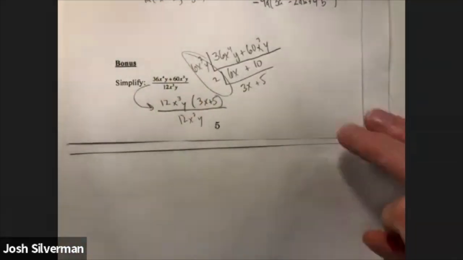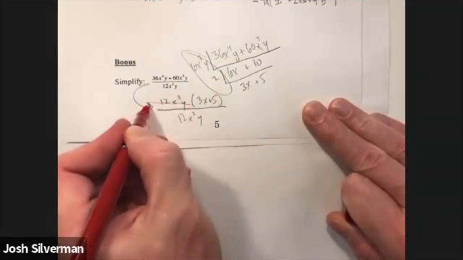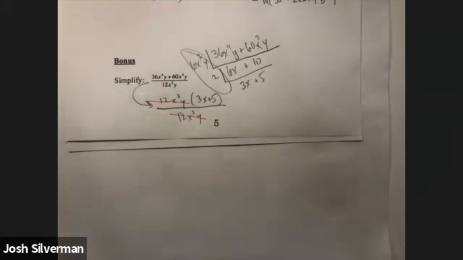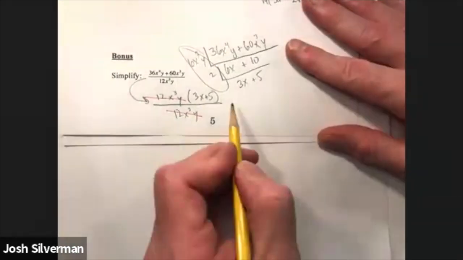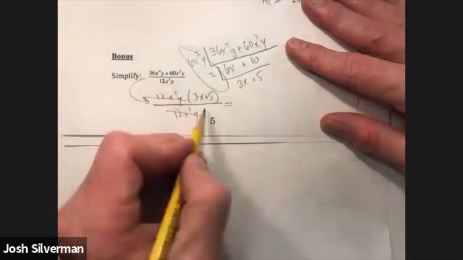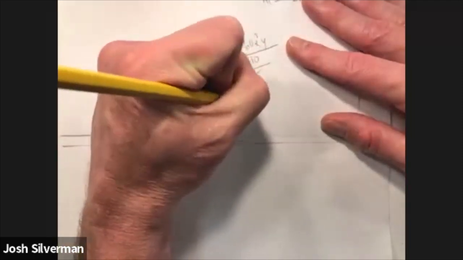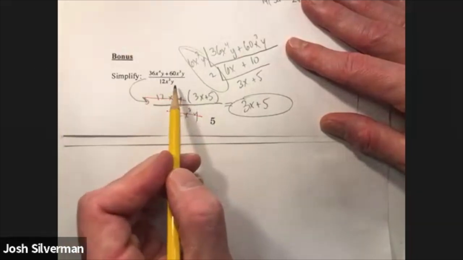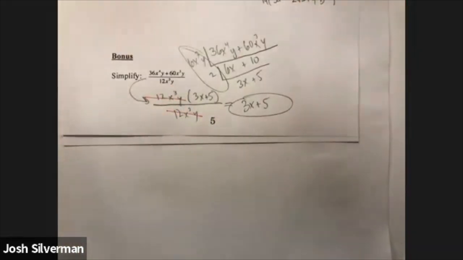Well, would you look at that? This entire expression cancels with this entire expression. And as often happens with these types of problems, you're left with something that is much, much simpler. When we simplify this whole complicated expression, it turns into just 3x plus 5.